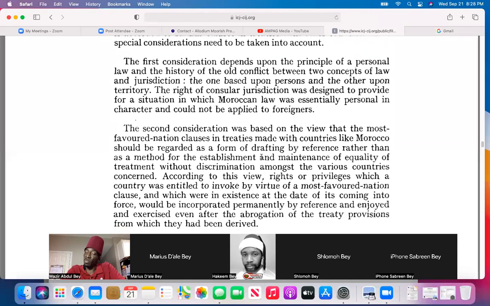The second consideration was based on the view that the most favored nation clauses in treaties made with countries like Morocco should be regarded as a form of drafting by reference rather than as a method for the establishment and maintenance of equality of treatment without discrimination amongst the various countries concerned.